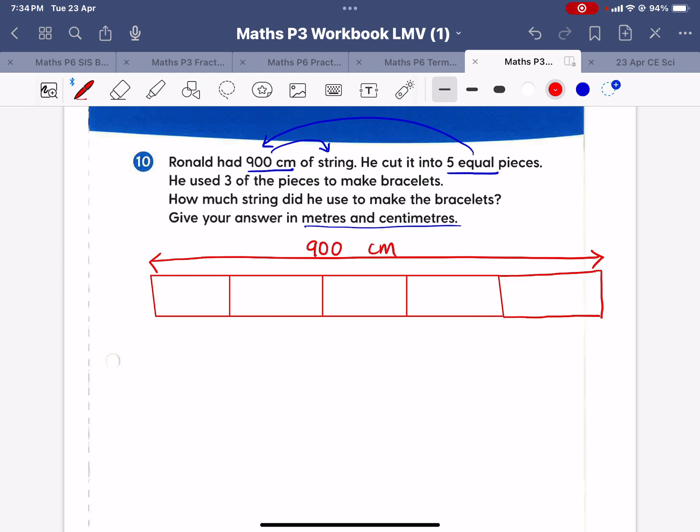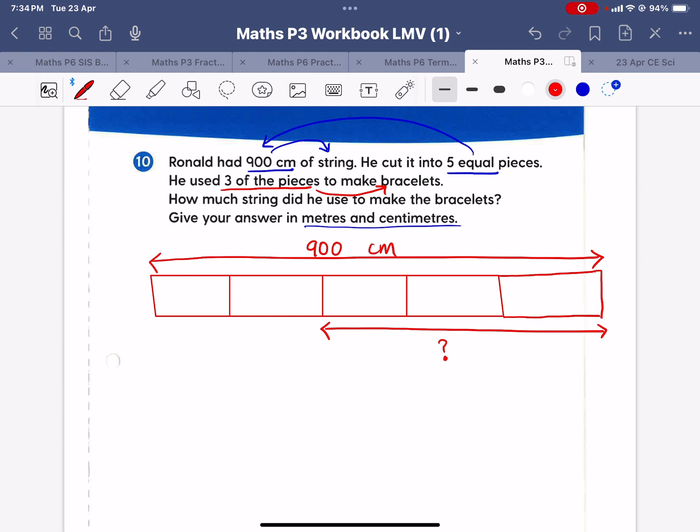Now, three of the pieces were used to make the bracelet. So we are going to talk about these three pieces. They were used to make a bracelet, right? And we were asked to find out how long exactly these 3 units are.